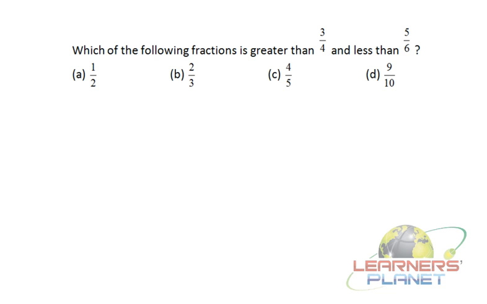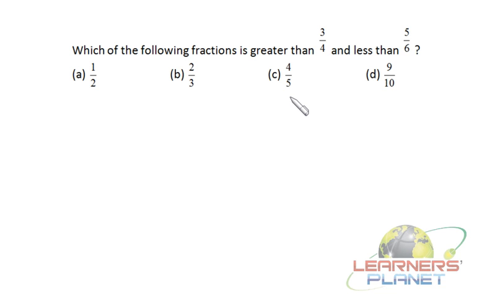Now in this question, which of the following fractions is greater than 3 by 4 and less than 5 by 6? In all the options and even the question fractions, the difference between numerator and denominator is the same, that is 1. So we can very well eliminate options. 1 by 2 and 2 by 3 will definitely be smaller than 3 by 4.